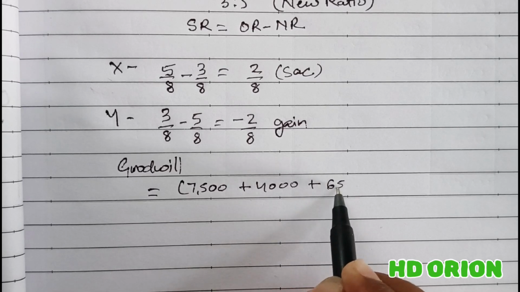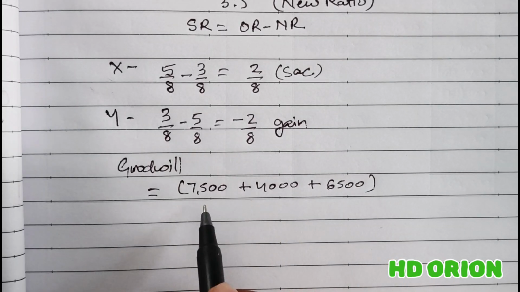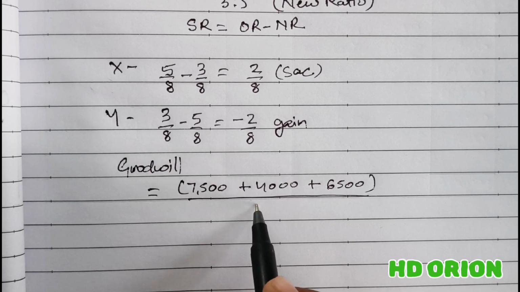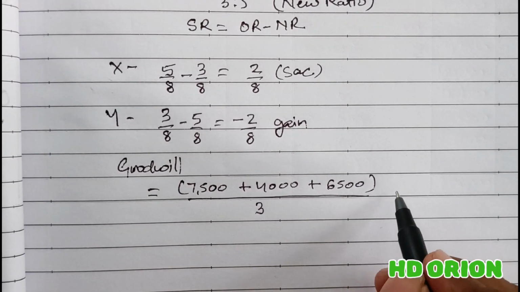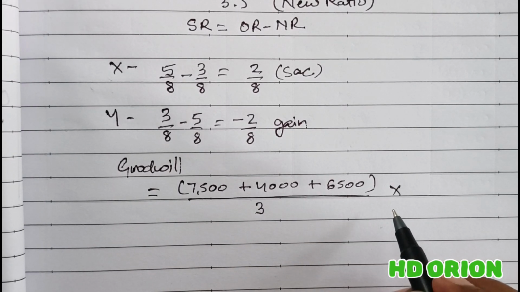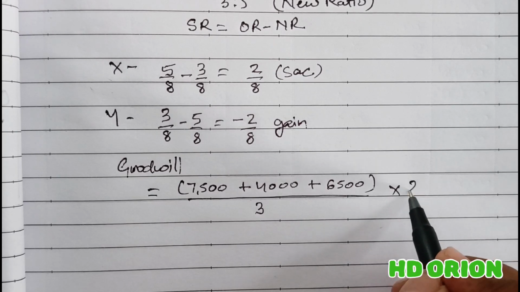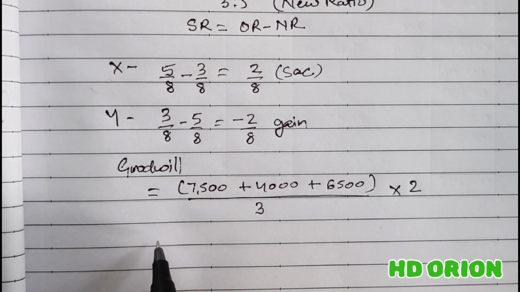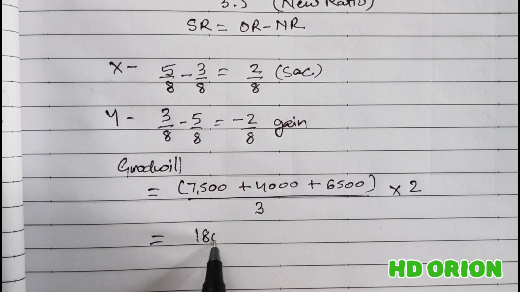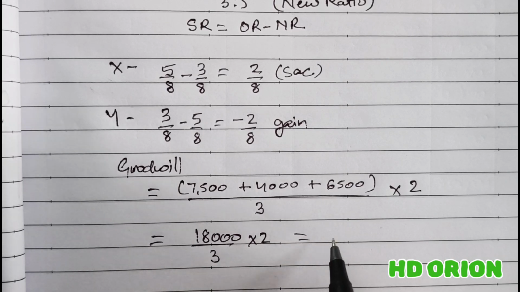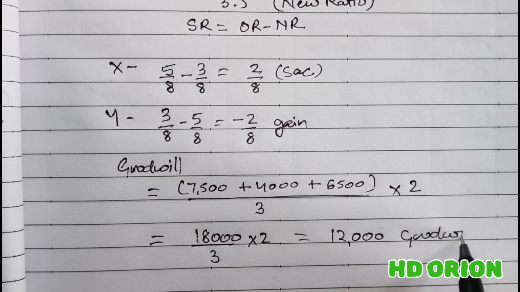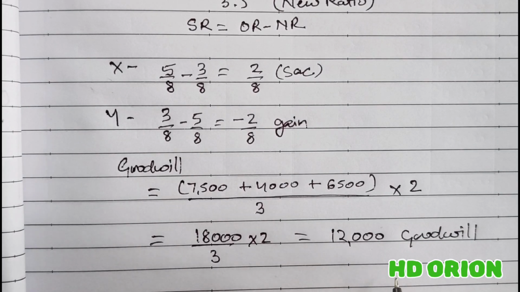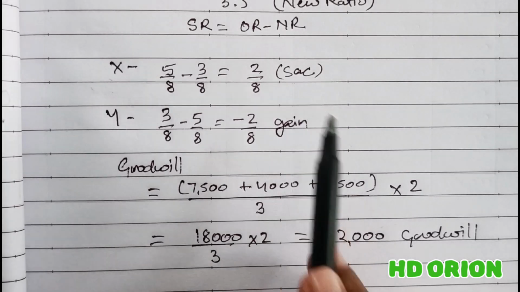These are the profits of the last 3 years, and the average we will calculate by dividing by 3, and then we will multiply the average with the number of years purchase. So it is 2, given in the book. So how much is it? Average profit is 18,000 divided by 3, into 2. So it is 12,000 rupees is the goodwill. Now this 12,000 rupees goodwill will be multiplied here.